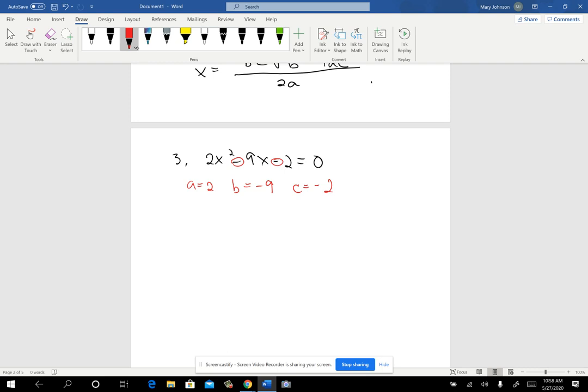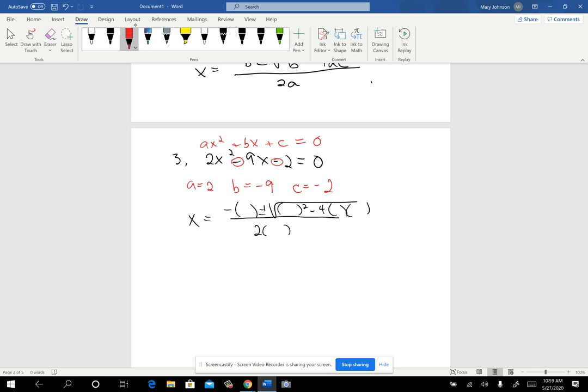And make sure that your equation has been put in the form ax squared plus bx plus c equals 0. Make sure things are in that order and equal to 0. Okay, then you plug into the formula. So the formula says x equals, it has a built-in opposite. Okay, so we're going to put those numbers into the correct spots.